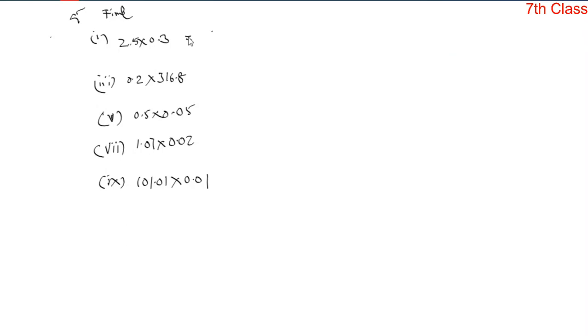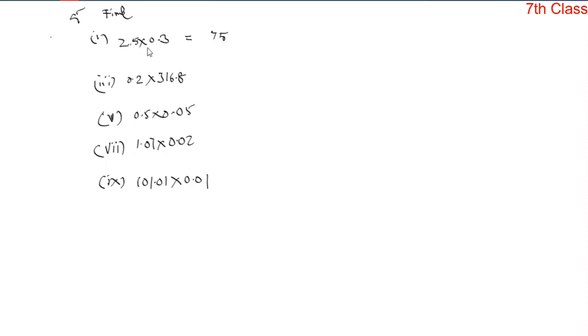Now the fifth one is find 2.5 into 0.3. This is the multiplication of a decimal number by a decimal number. So already we learned how to multiply two decimal numbers. Ignore the decimal points and multiply them as whole numbers. So 25 threes are how much? 75. 25 threes are 75. Now you count the digits in the decimal part. Here how many digits are there? 1.